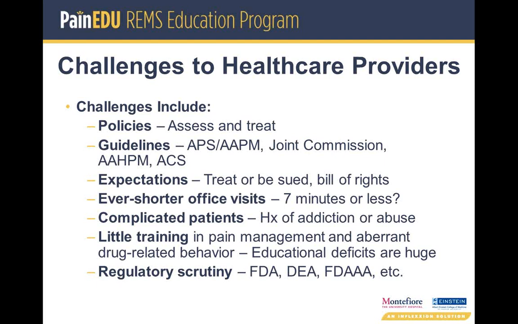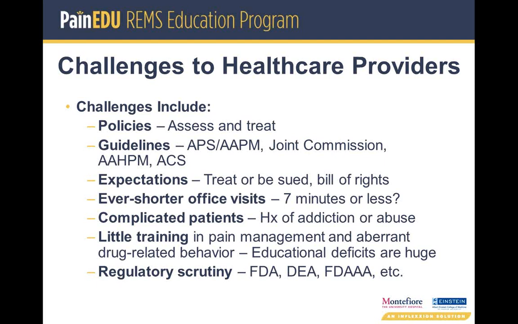Even the Joint Commission, about a year and a half or 2 years ago, sent out a sentinel alert on the institutional use of opioids. So there's a lot of different guidelines coming from a lot of different places, and this can often be very confusing to healthcare providers and present challenges.